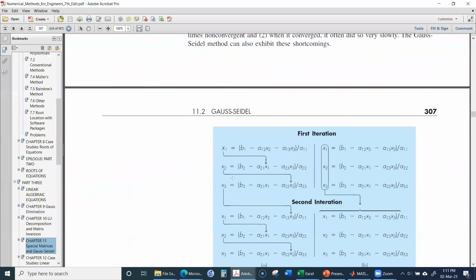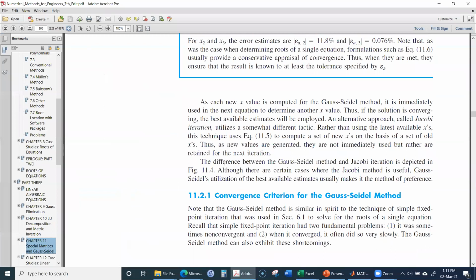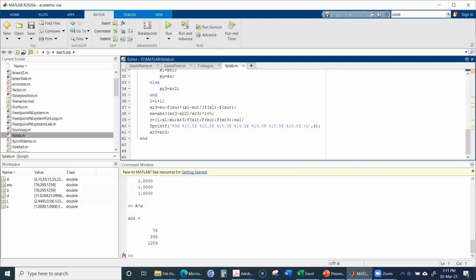That is what I wanted to show you today. With this, I think we have finished the linear algebra part in MATLAB. Now I will give you a second assignment for the lab.